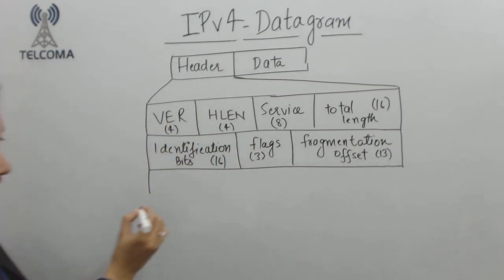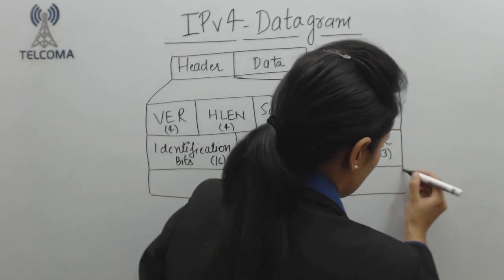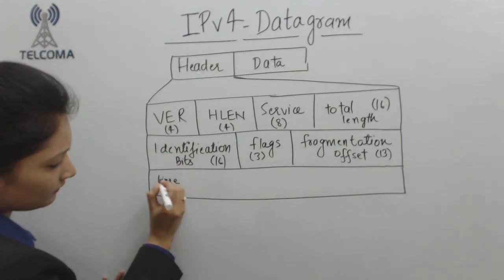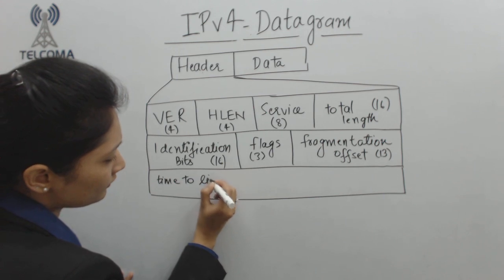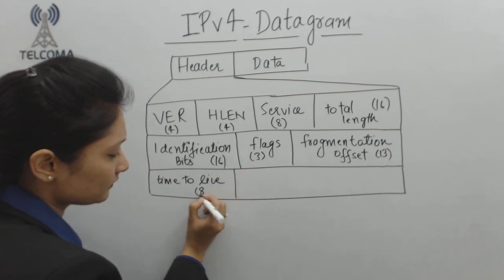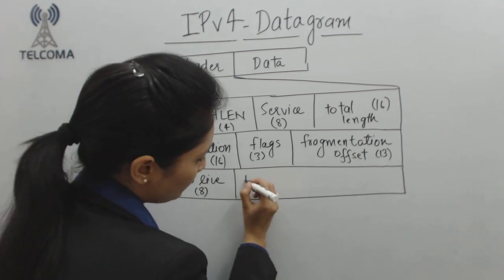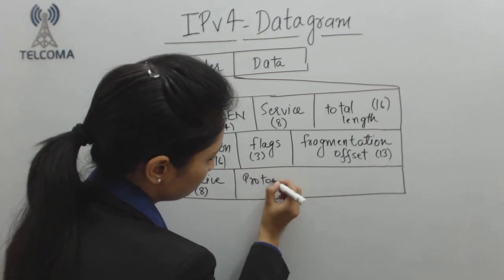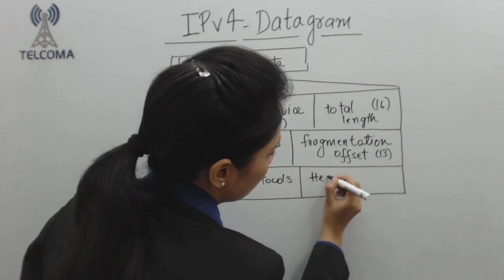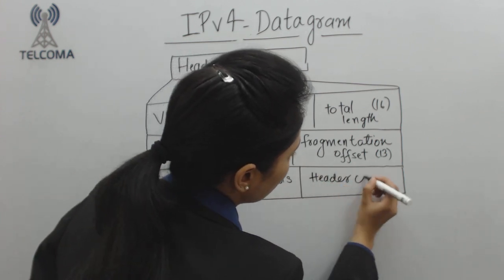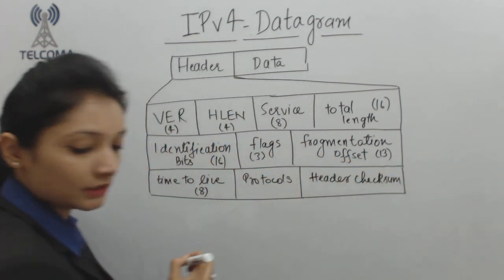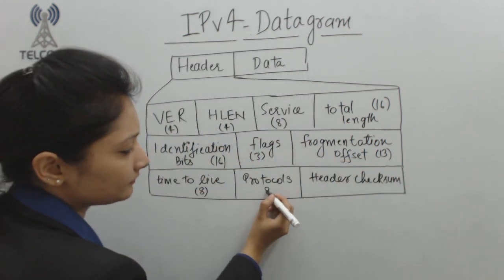Next we have time to live, which is also called the TTL field. Then protocol, and then header checksum.